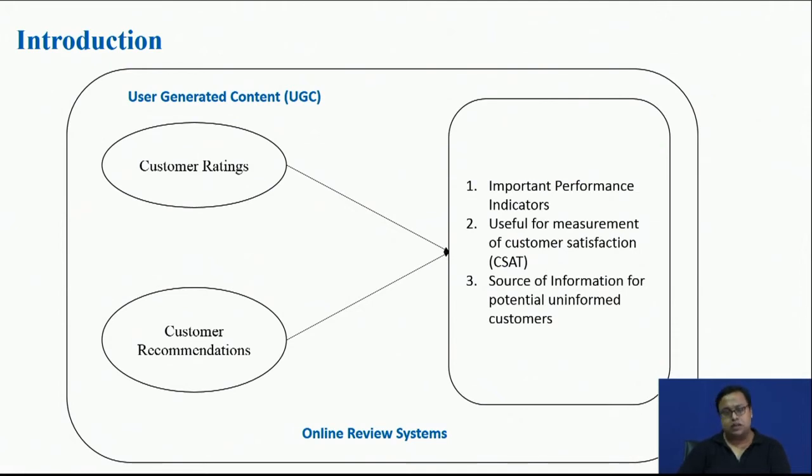So, a customer who does not know about this hotel or the service or the airlines, let us say if it is airline service, this particular paper was on airlines. So, they can get information from these ratings and the recommendation behavior of other customers, to take a call whether they should join this particular service or not, or they should buy this particular railways tickets or not. So, that kind of information can be generated through this particular user generated content.